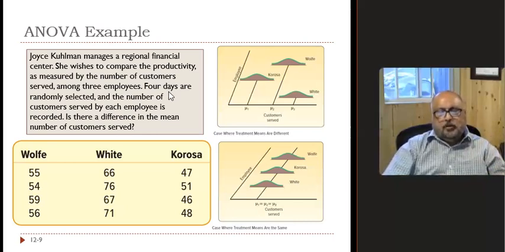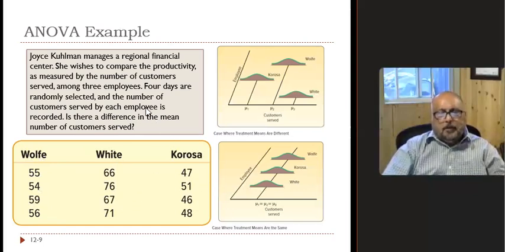The study is conducted for 4 days. 4 days are randomly selected, and the number of customers served by each employee is recorded. For example, this guy Wolf, in day one serves 55 customers, then day 2 54, day 3 59, and day 4 56. Similarly, other people, right? So this is the problem.